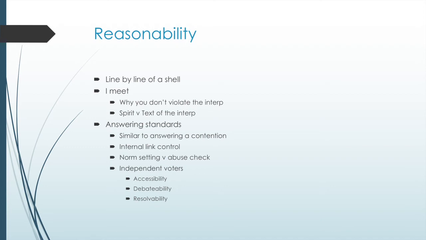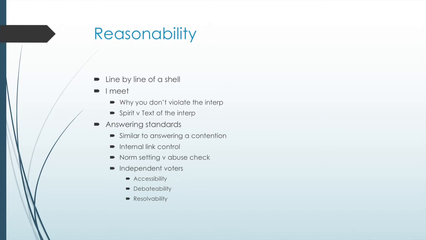Another way that we can go about answering standards, and this is something that is useful especially if we have a counter interp, is controlling the internal link. Internal link control is when you say, for instance, that one standard necessarily controls another.